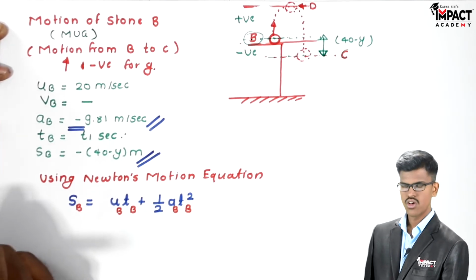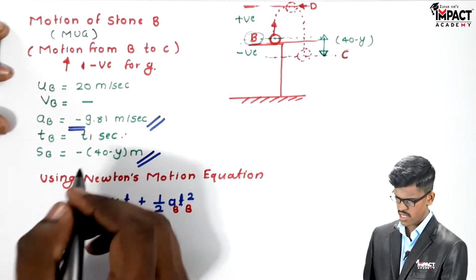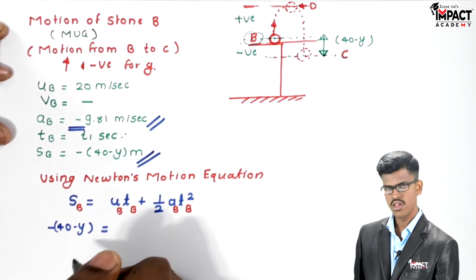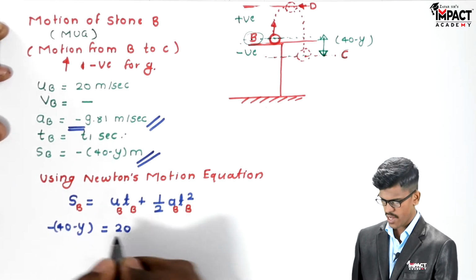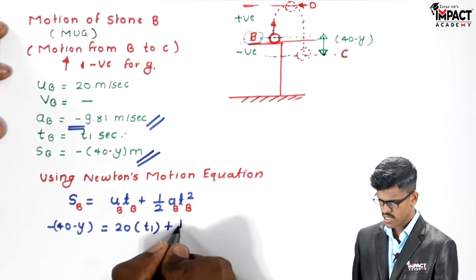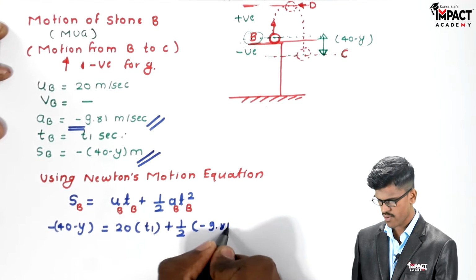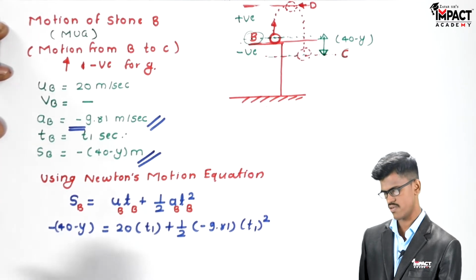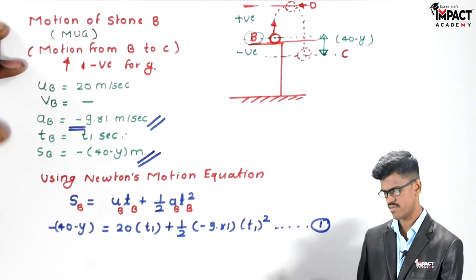The displacement of stone B is minus 40 minus y. Initial velocity of stone B is given as 20 meter per second. Time required for stone B is t1 seconds, plus half into acceleration of stone B, which is minus 9.81, and time t1 seconds. So we get the first equation here.